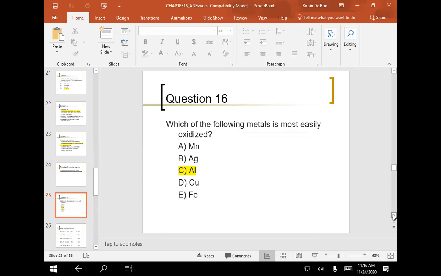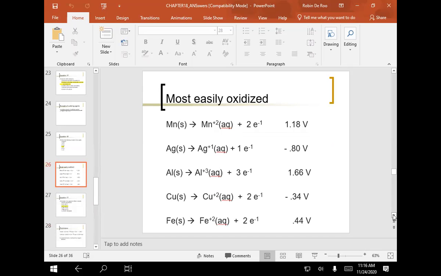A lot of these also you have to be able to interpret the reduction potential values and what they mean.